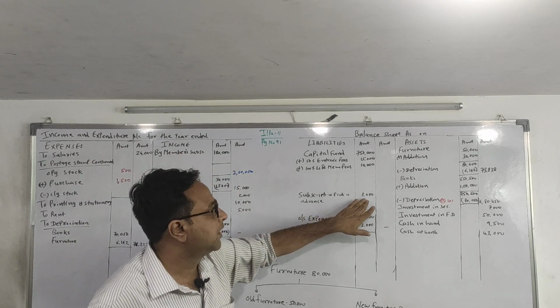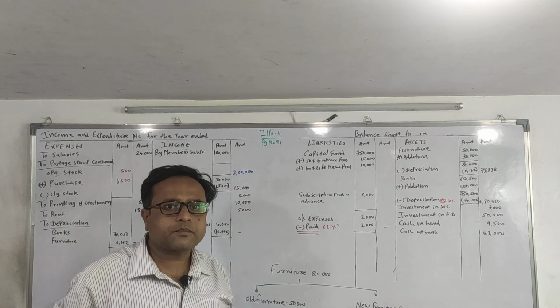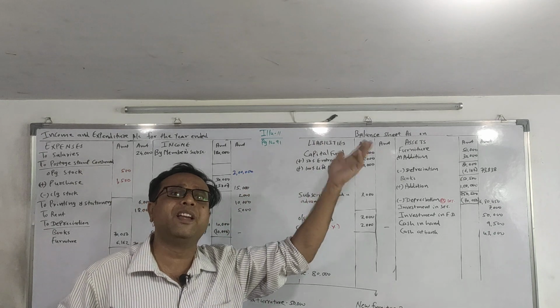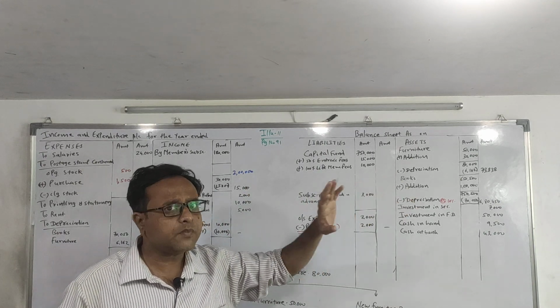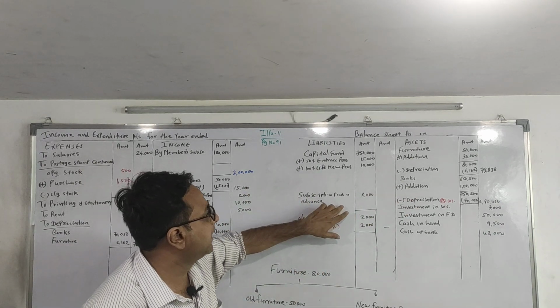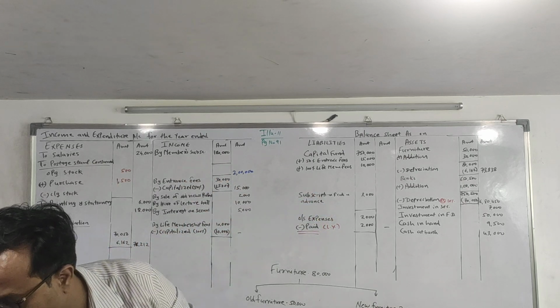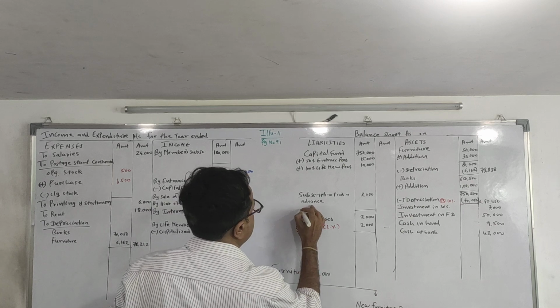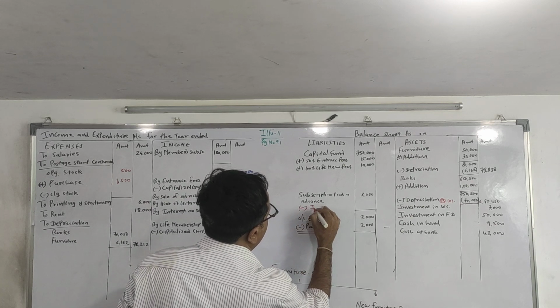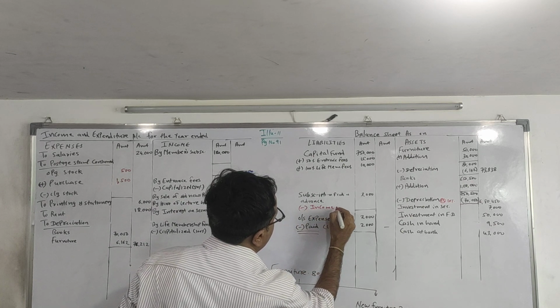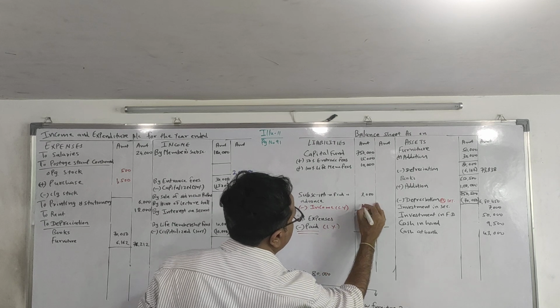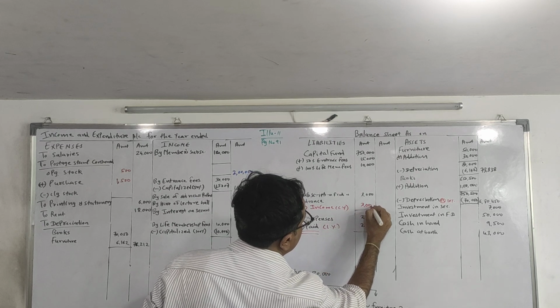This 3000 is income of current year, correct? But we have received it in previous year. So what to do? We'll simply add this amount over here. So here we will write it down, less income, bracket current year, 3000.